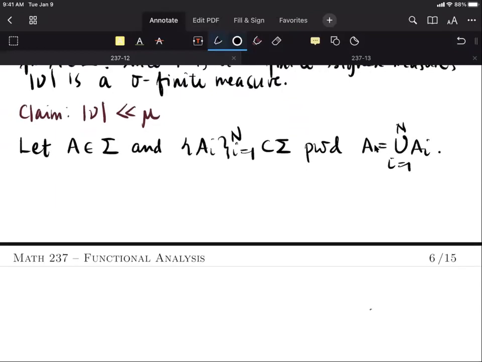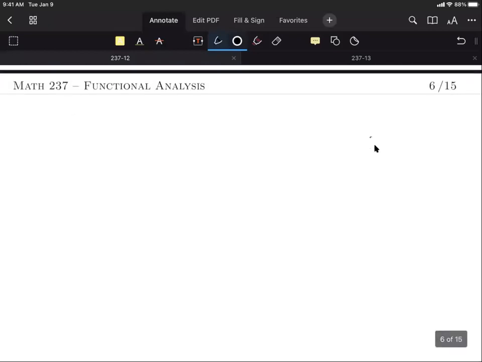So let's start with the sum. But before that, let us define sigma sub i to be the sign of the signed measure at A sub i. So the idea here is to replace the absolute value as follows.